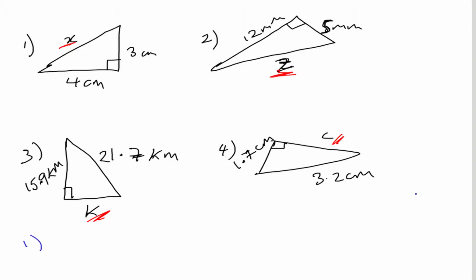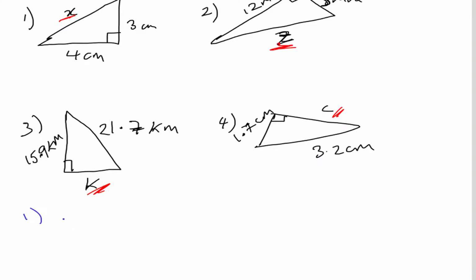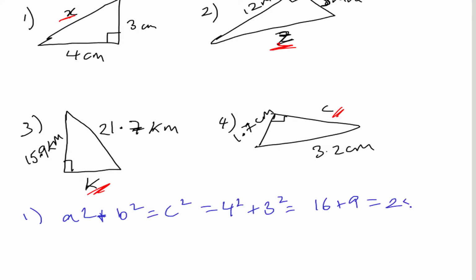Alright. Question 1. So again, let's use the formula: a squared plus b squared equals c squared. If you look here, we're given 4 and 3, the shorter lengths, and we have to calculate the longer length. That's the same as 4 squared plus 3 squared, which equals what? 16 plus 9, which equals 25.